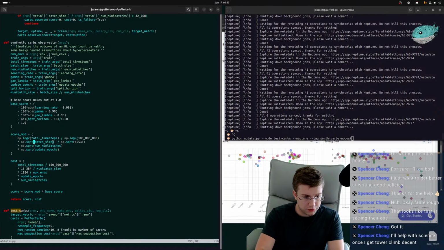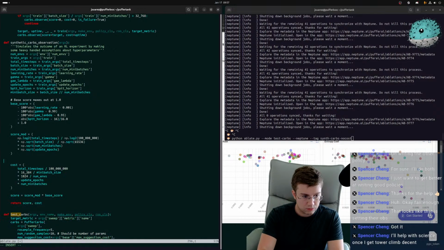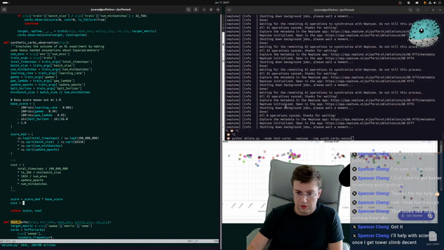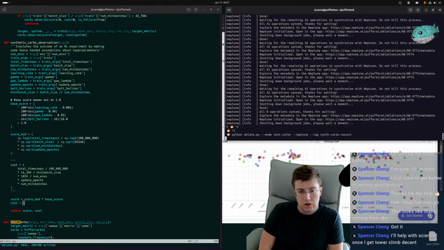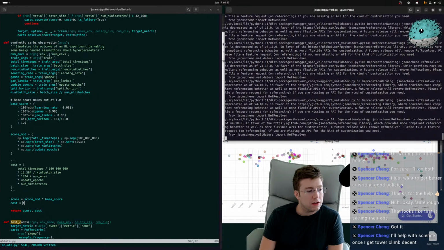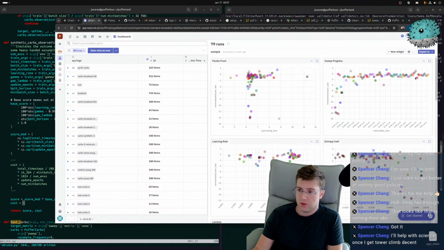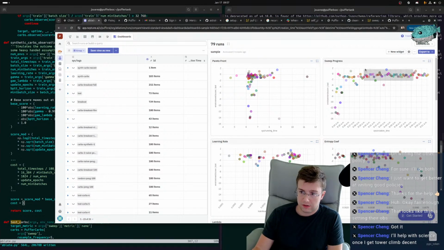We do no cost. So we'll keep the score mod, and then cost is equal to cost equals 1. So they all have the same cost now. And we'll run that, and we'll see if the errors are coming, or if the lack of optimization is coming from carbs not correctly handling the cost trade-off the way it should be, or something else that I'm missing.